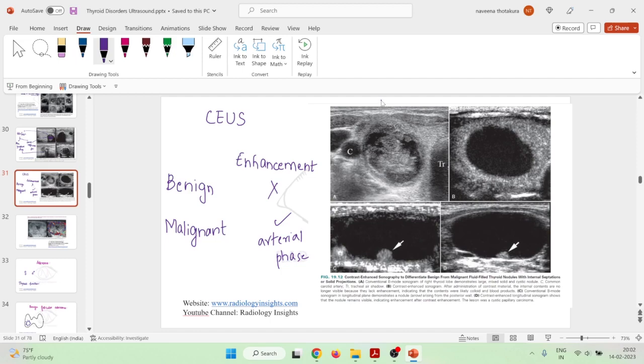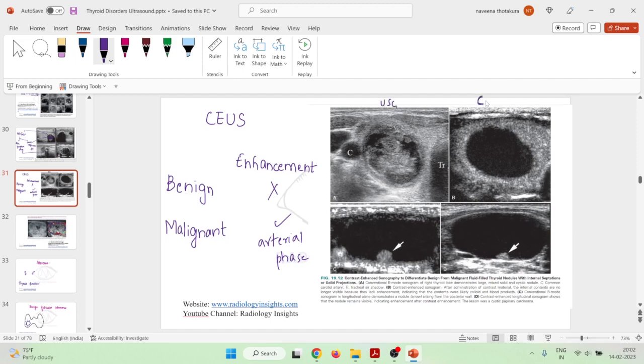And this is normal ultrasonography. This is contrast enhanced ultrasonography. That means you have given contrast to this lesion. So what are you seeing here? Here it is looking as a completely anechoic system. That means the solid material inside has not been enhanced. This is a clear-cut picture that it is a benign lesion.